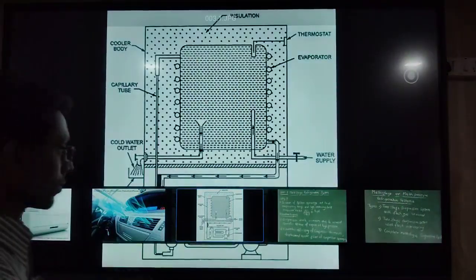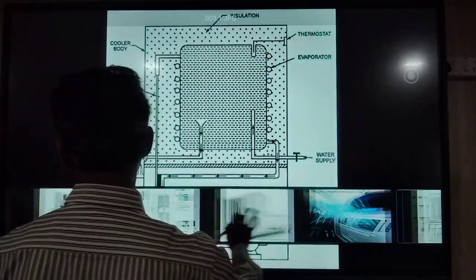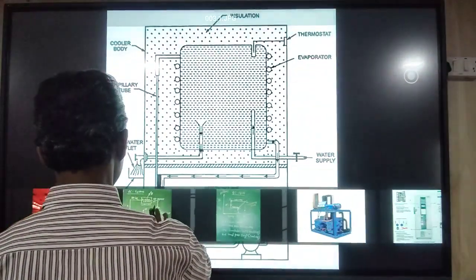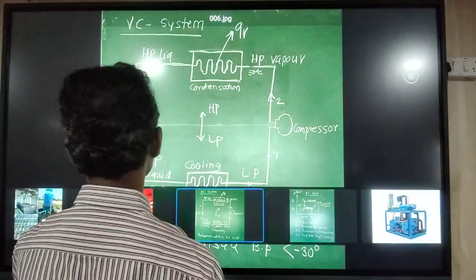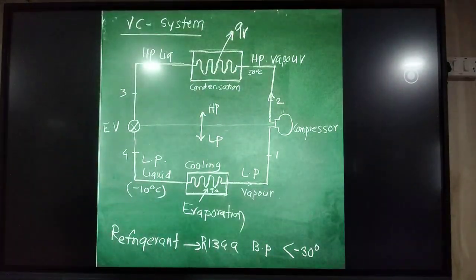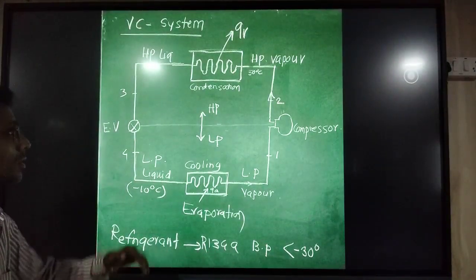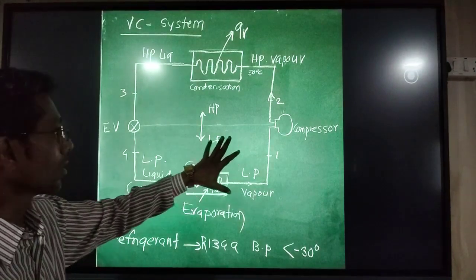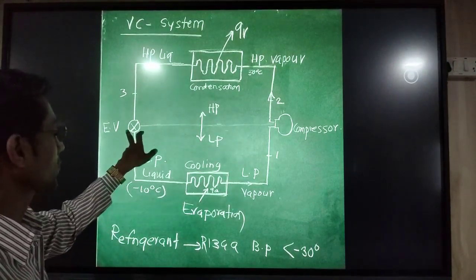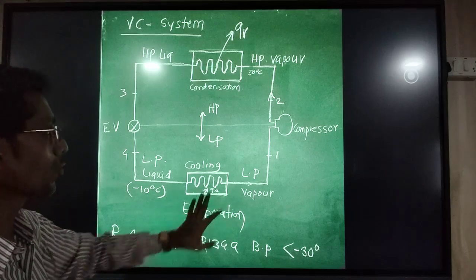So here we can see the concept, that is a vapor compression refrigeration system. Here are mainly 4 components: compressor, condenser, expansion valve and evaporator, that is the cooling coil.